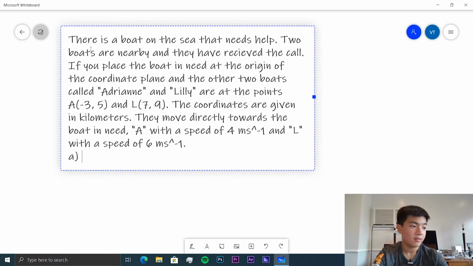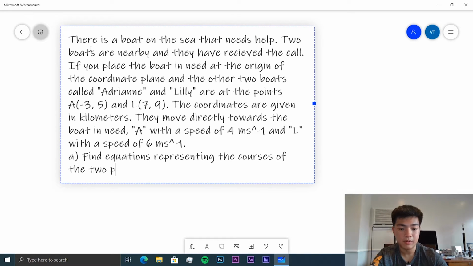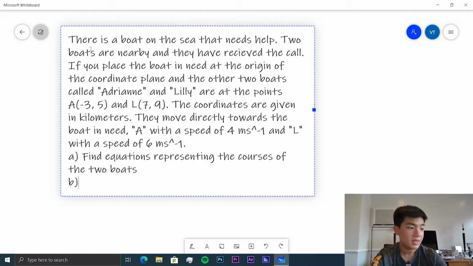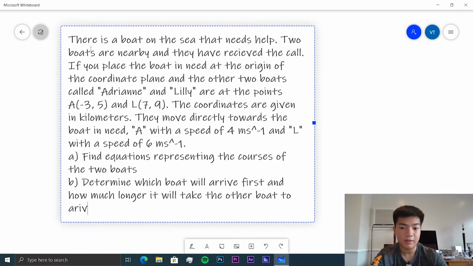First, A, find equations representing the courses of the two boats, and B, determine which boat will arrive first and how much longer it will take the other boat to arrive.